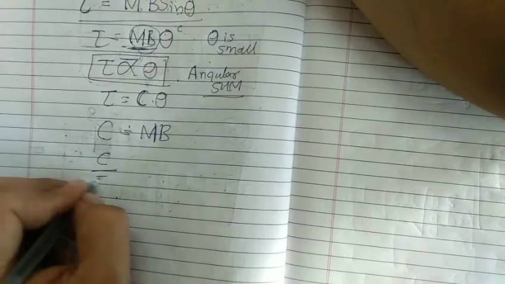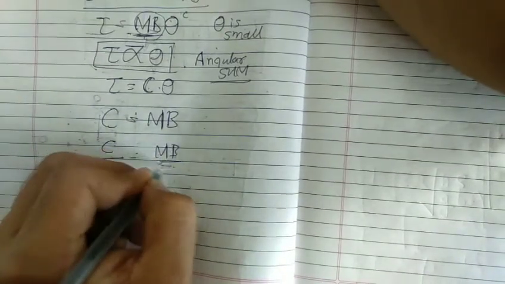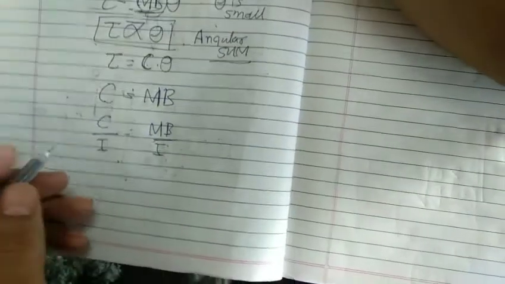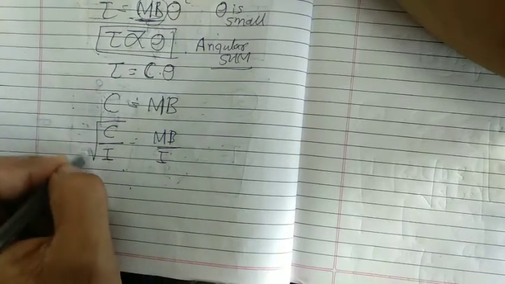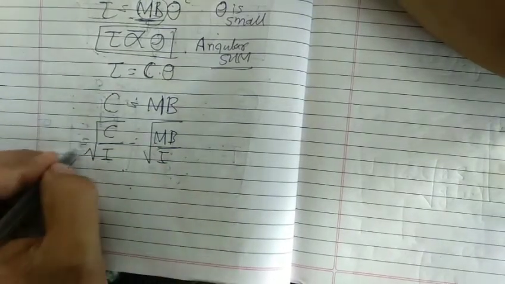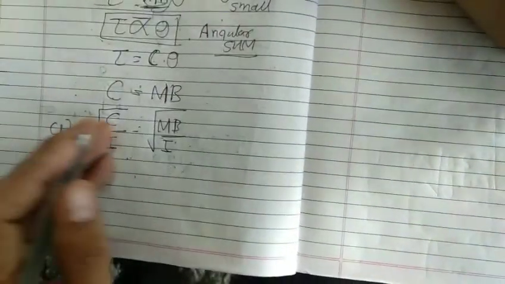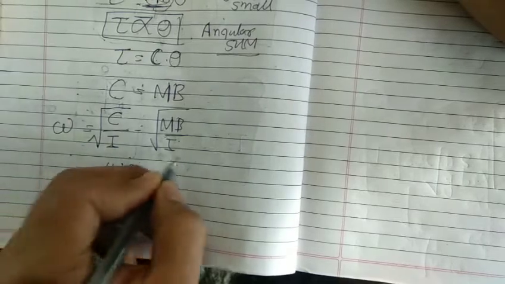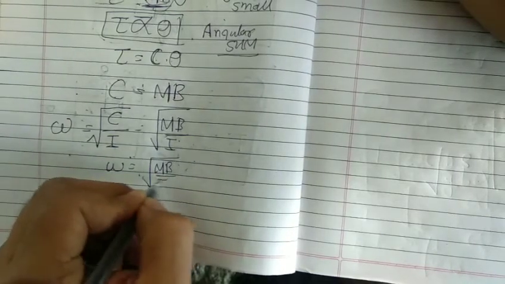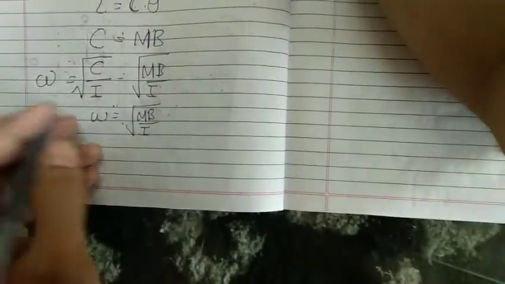When you do C divided by I, I is the moment of inertia of the magnet, and then you take a square root also, this is nothing but the formula for omega. Remember, we had discussed it earlier. Omega is root of C by I. So you can say omega is root of mB upon I. It's a case of angular SHM. Please remember, the magnet will perform angular SHM.